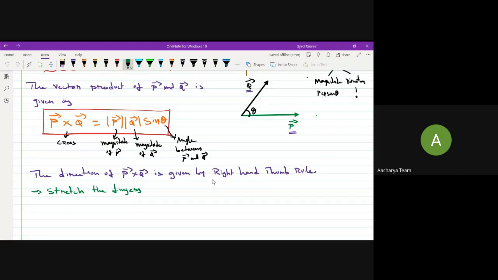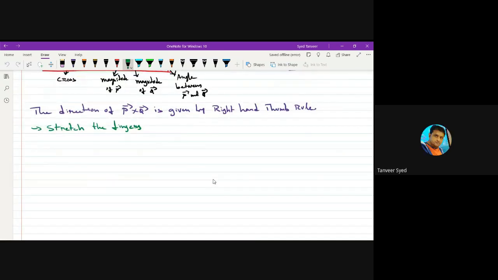Okay. So right hand thumb rule says stretch the fingers and thumb of your right hand such that they are perpendicular to each other.